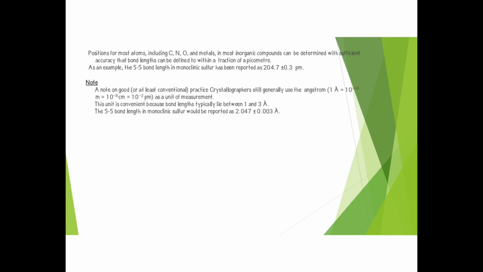For measurement, the angstrom unit is used generally, and it is considered an efficient and very convenient unit because bond lengths usually lie between 1 to 3 angstrom, where 1 angstrom is equal to 10 raised to power minus 10 meter or 10 raised to power minus 8 centimeter or 10^2 picometer. For example, the sulfur-sulfur bond length in monoclinic sulfur is 2.047 plus minus 0.003 angstrom, which you can see lies between 1 to 3 angstrom.